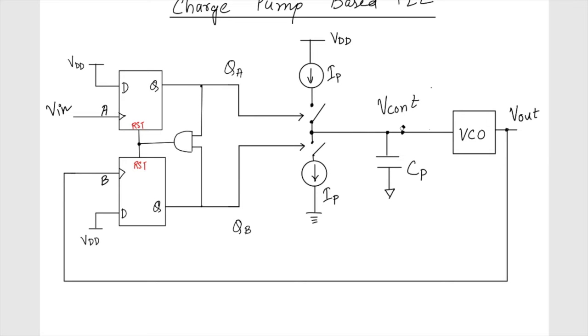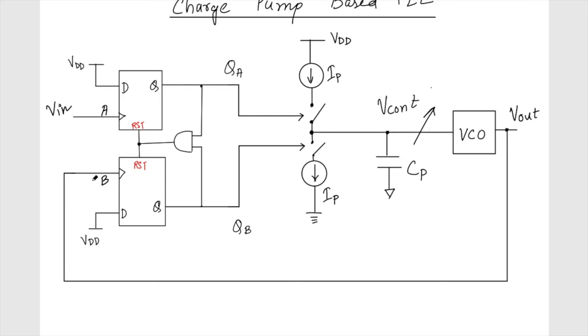So this is what we have seen last time also, that even if there's a difference in the phase, this is going to become high. So if this is leading in phase, this is going to turn on, and momentarily the frequency of the VCO is going to become higher.